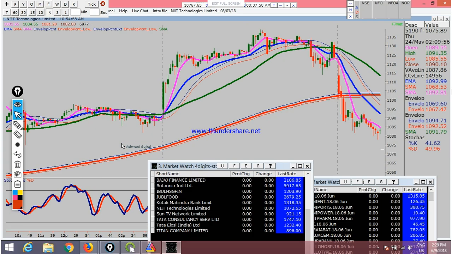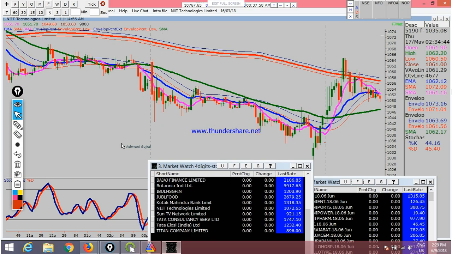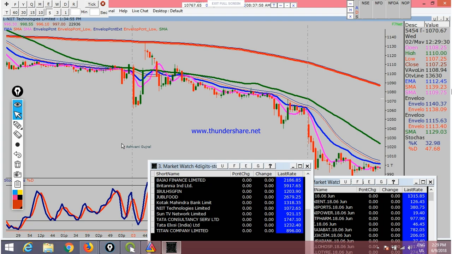See, this is NIT Tech. See what happened here. NIT Tech had a big red bar. It suddenly turned around, cleaned out the red bar and went till here.